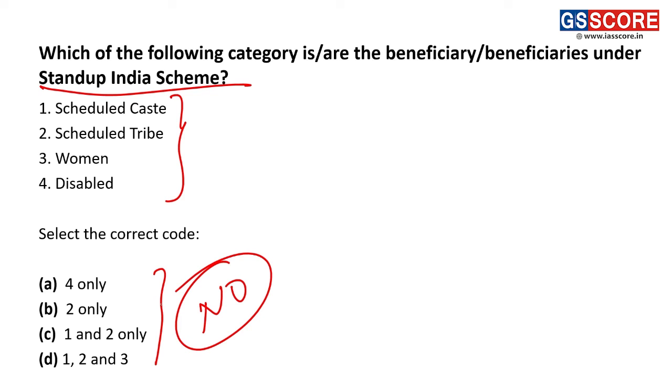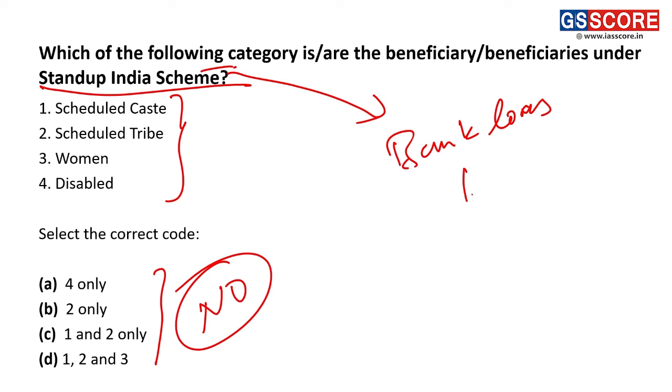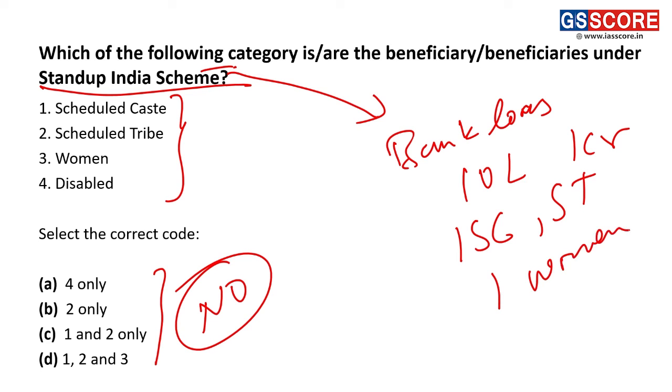If we look at the specifications of the Stand-Up India scheme, right, we find that the idea is to facilitate bank loans between 10 lakh to 1 crore to at least one scheduled caste or scheduled tribe borrower and at least one woman borrower per bank branch for setting up greenfield enterprise.